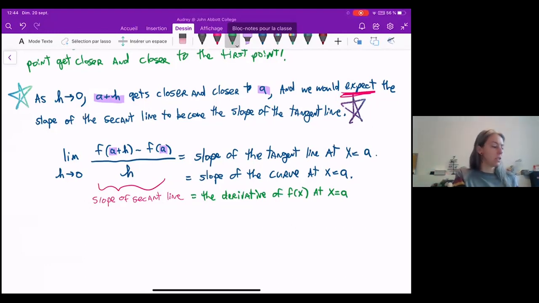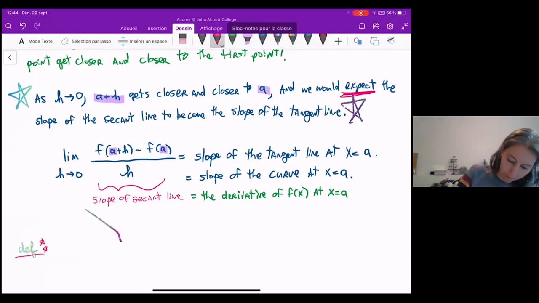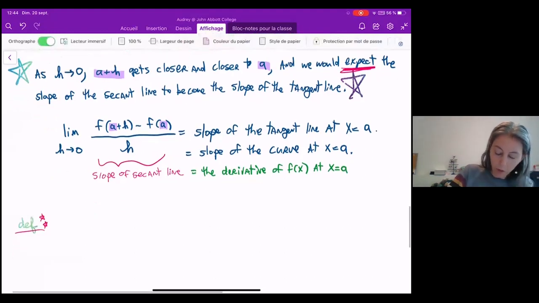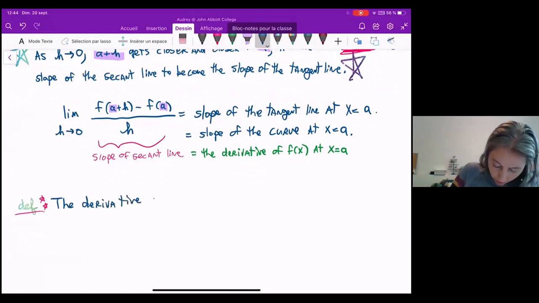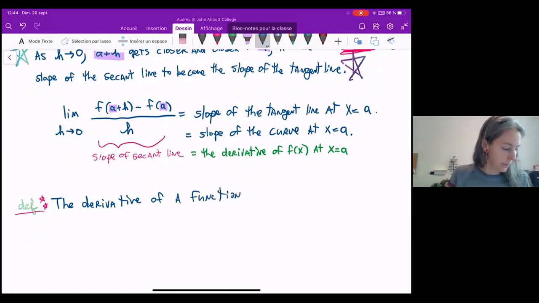So let's take a minute and actually define now the derivative of a function f of x.